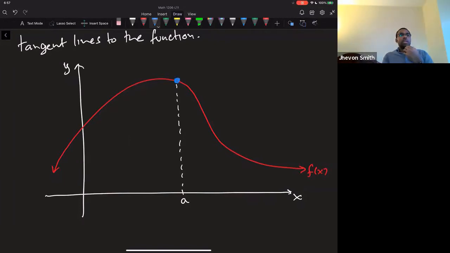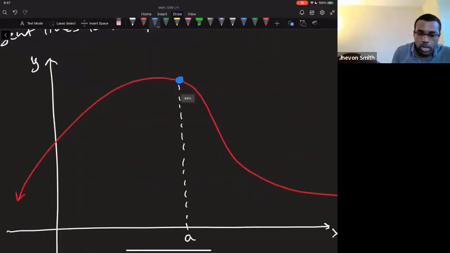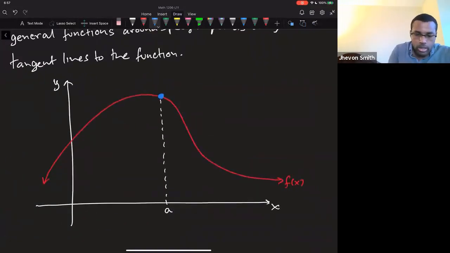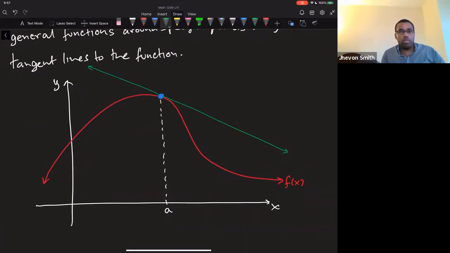But for whatever reason, getting the definition of the function is very complicated. So trying to examine its behavior around this point is difficult. Maybe I don't even know the formula for it. So what we can do is create a tangent line to the function to approximate what it's doing if we zoom in.